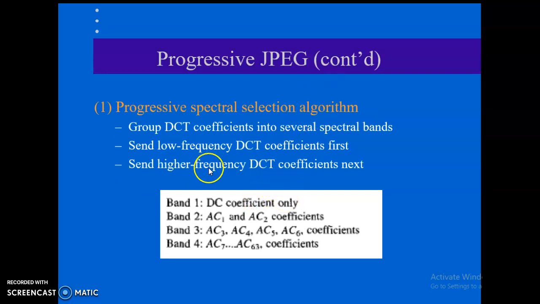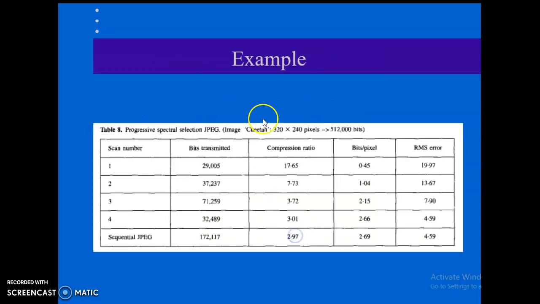Spectral selection groups DCT coefficients into several spectral bands, sending low frequency DCT coefficients first, then higher frequency ones. Band 1 is the DC coefficient only, band 2 is AC1 and AC2, band 3 is AC3 to AC6, band 4 is AC7 to AC63.